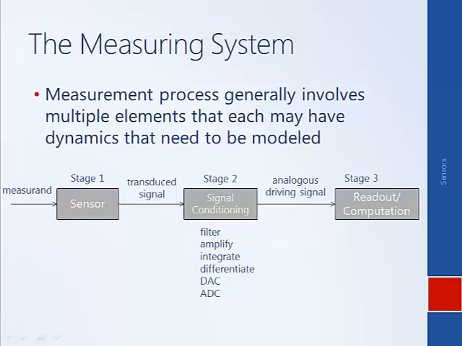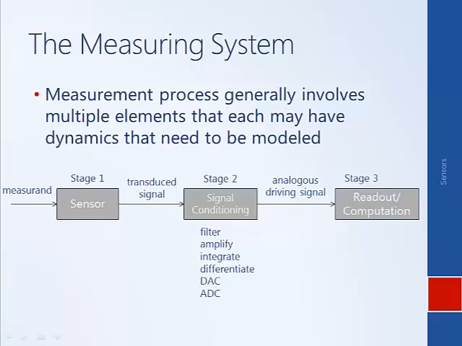We may also want to integrate or differentiate the signal. For example, maybe we're measuring velocity, but what we actually want is position. So we need to integrate the velocity signal to get an estimate of the position. Or maybe what we actually want is acceleration. So we need to differentiate the velocity signal to get an estimate of acceleration. And we may also need to do conversions between analog signals and digital signals. So a DAC is a digital to analog conversion, and an ADC is an analog to digital conversion.